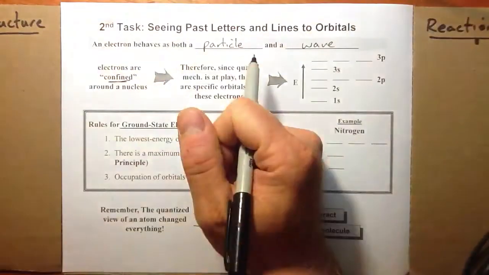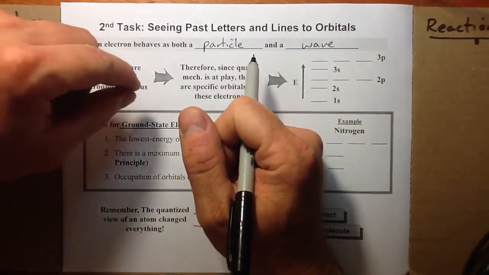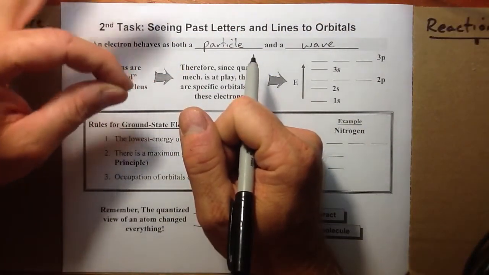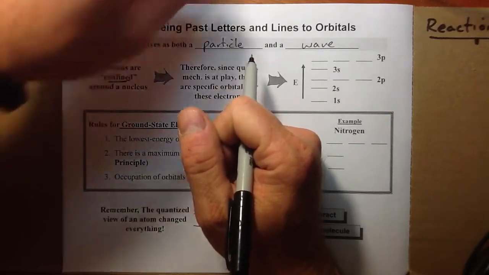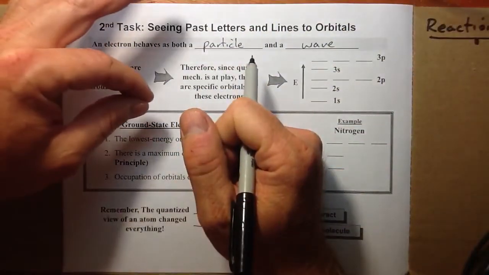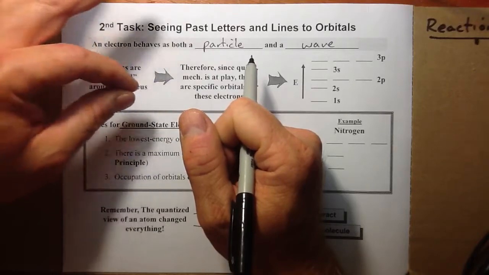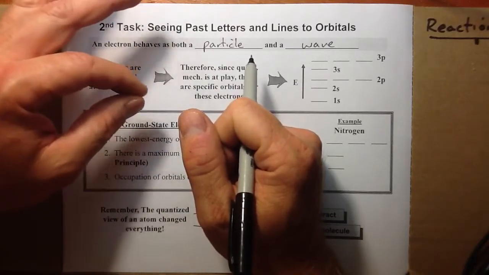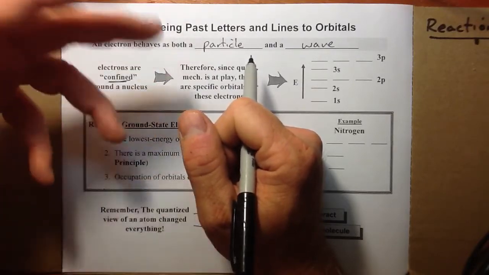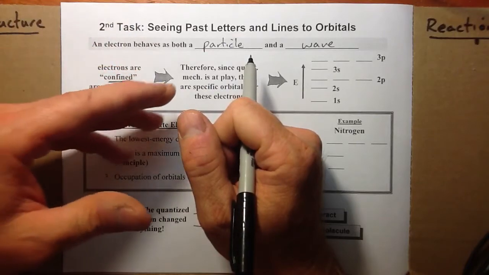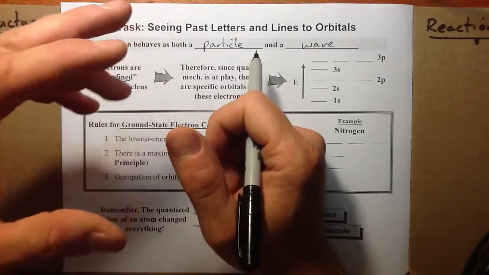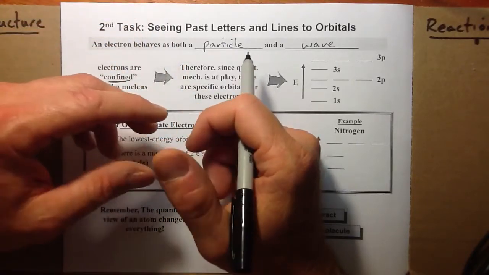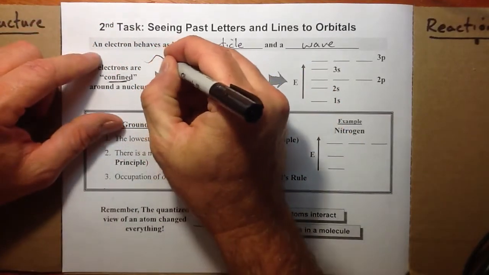Because if I come back to this point right here, let's say I'm up at some point and there's a wave value. If I go around the nucleus and come back to that point, the wave has to come right back to that value that describes the wave, coming in the same slope. It has to have continuous behavior, just like we know waves have.